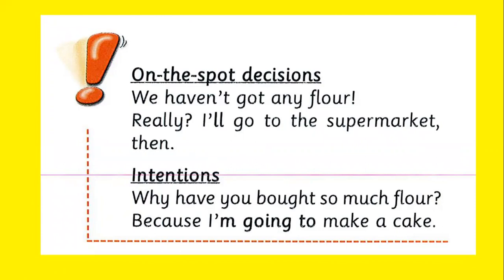When I get a lot of flour, it means I have an intention to do something. Maybe there is a birthday, I'm going to make a birthday cake or something. So he said, because I am going to make a cake. So these two sentences tell us the difference between using will for quick decisions and using going to for planning or intention.